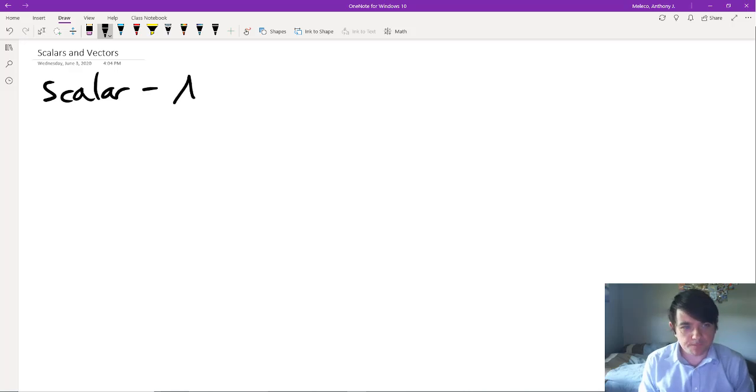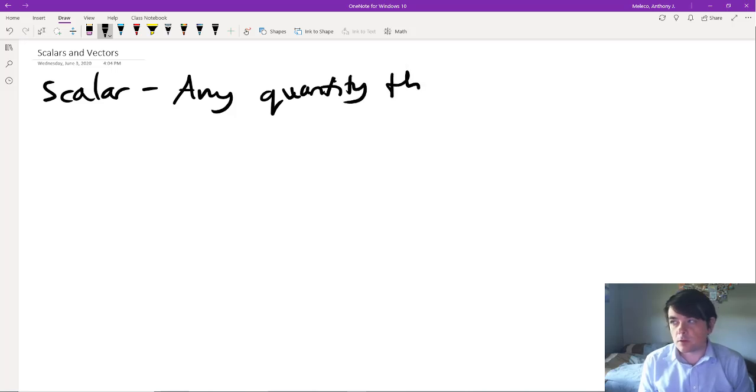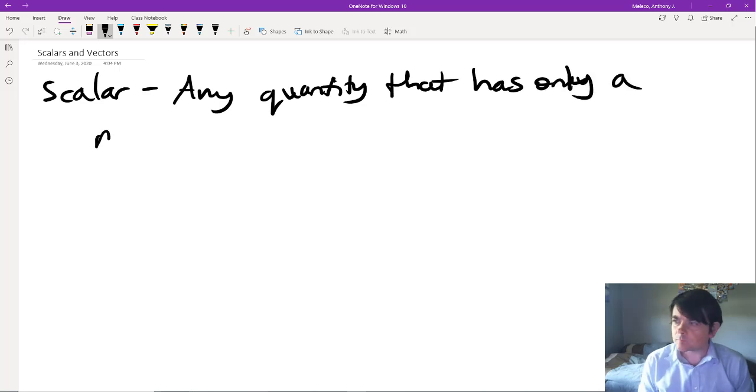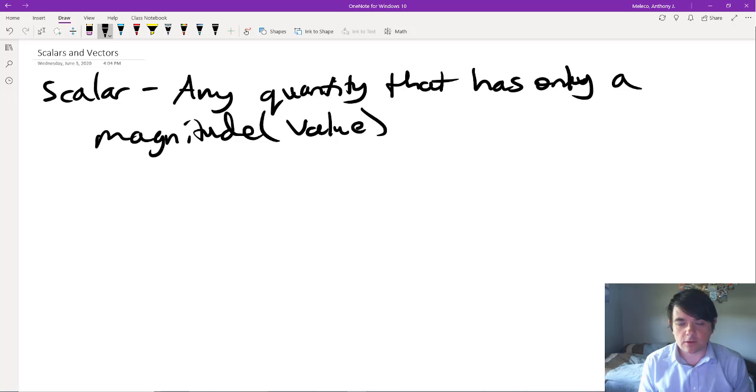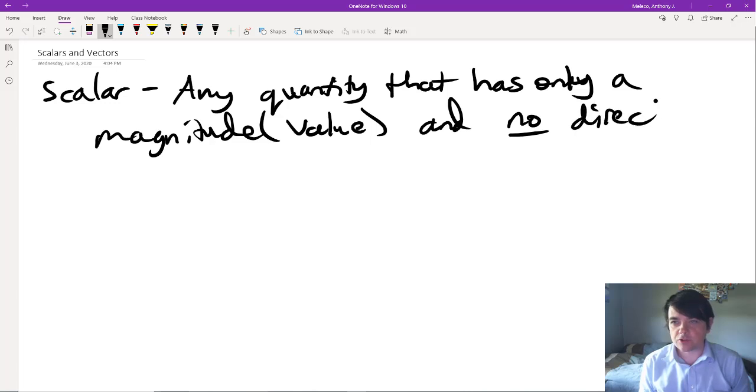A scalar is defined as any quantity that has only a magnitude, which is just another word for a value, and no direction.